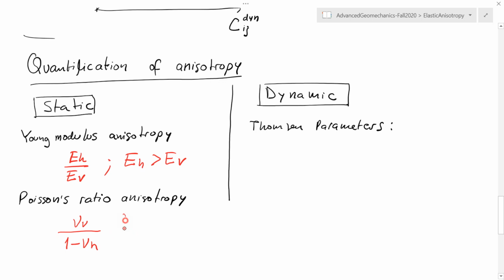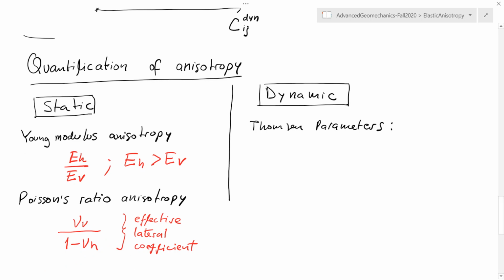Well, I hope you remember that from the linear elastic theory, this coefficient characterizes the effective lateral stress coefficient. We haven't seen yet, but we're going to see later, how this equation is valid for an anisotropic medium. For the isotropic case, it was just Poisson ratio divided by 1 minus Poisson ratio. For the anisotropic case, now we have two different Poisson ratios.